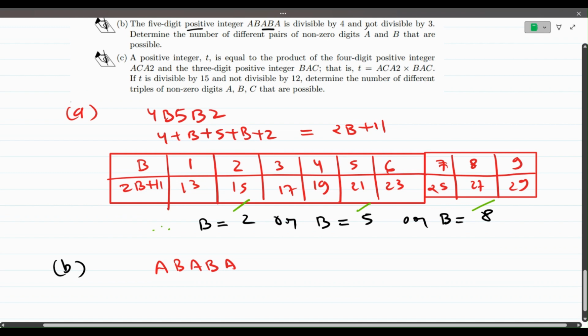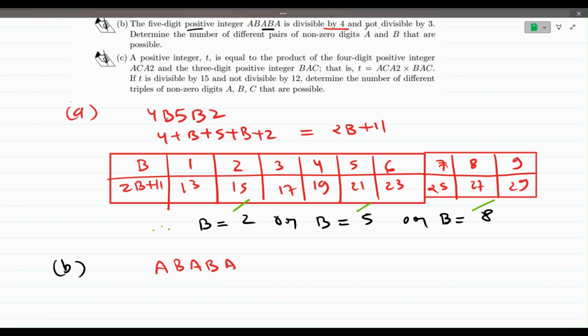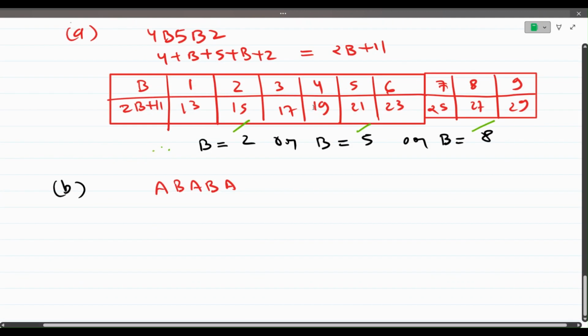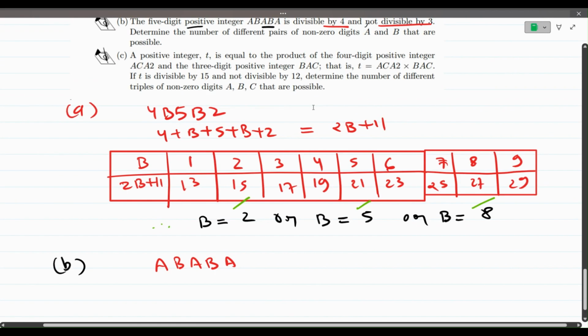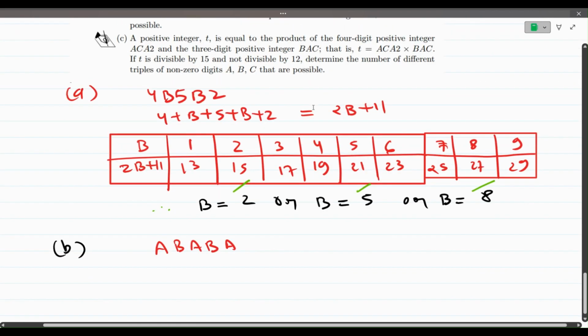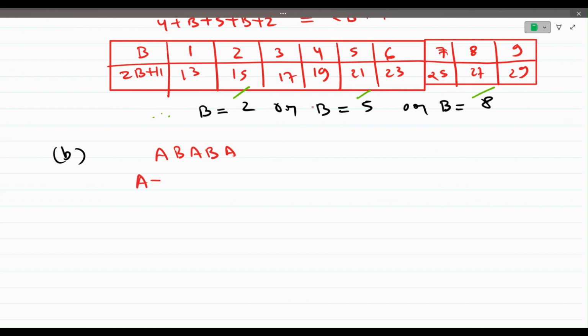ABABA, is divisible by 4 but not divisible by 3. So let's talk about divisibility by 3. What we do, we add all the digits first. So we get 3a plus 2b. Now it has two parts, 3a and 2b. This part is already divisible by 3, and this part can be divisible by 3 if b is either 3, 6 or 9.